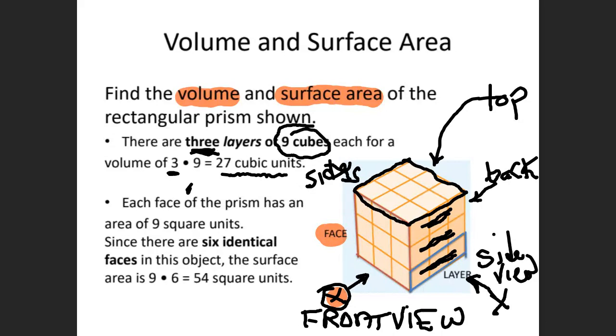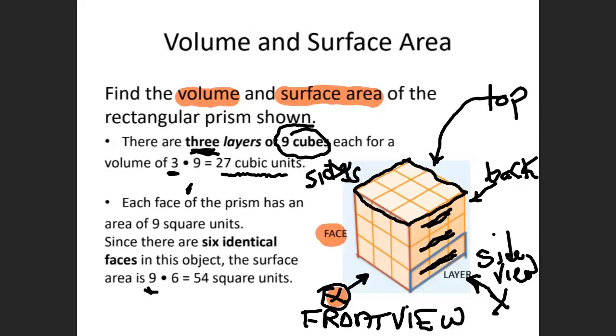But don't forget, I have a bottom. What is this big box sitting on? It's sitting on 9 boxes. So each face has 9 boxes.